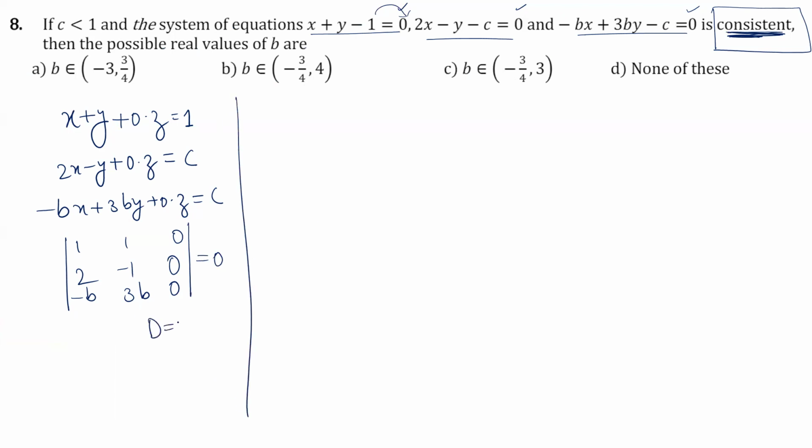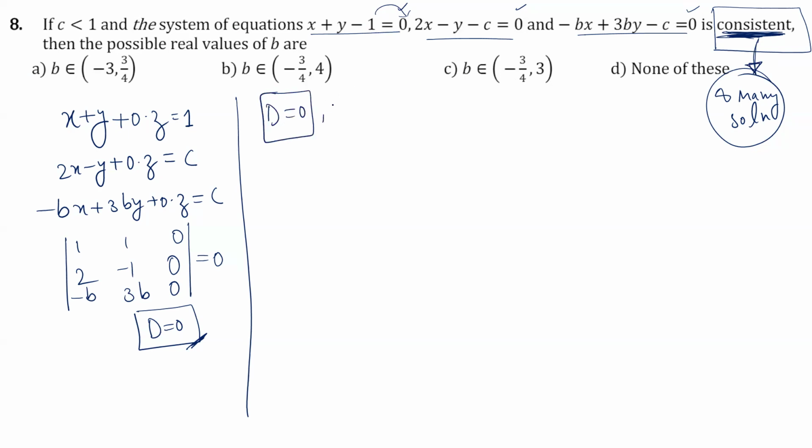So D is 0. That means a unique solution is not possible. That means only infinitely many solutions are possible. Only that is the case, because determinant is 0, so a unique solution is not possible, and consistent means having a solution, so infinite solutions are a possibility. So D equals 0.